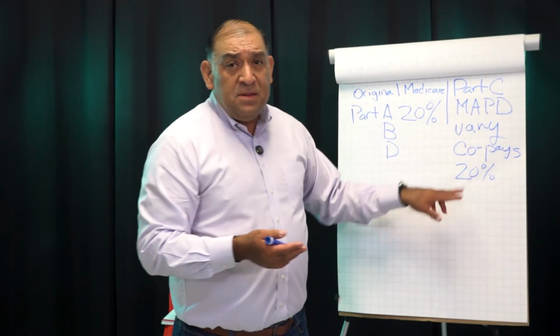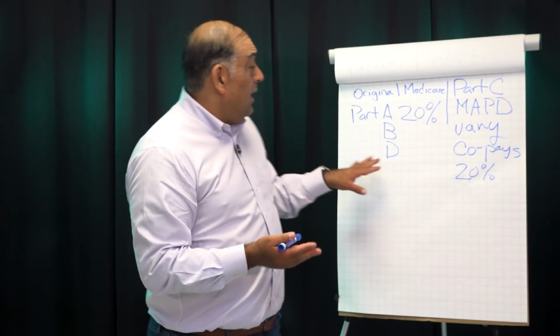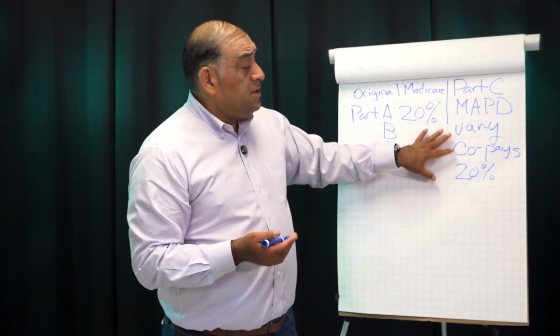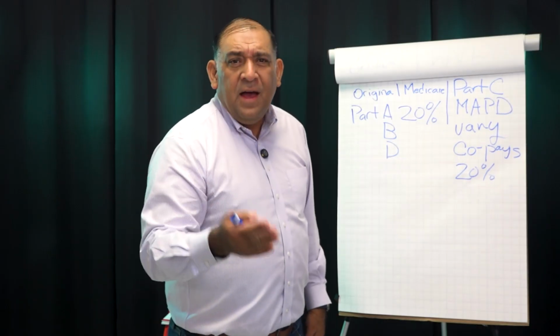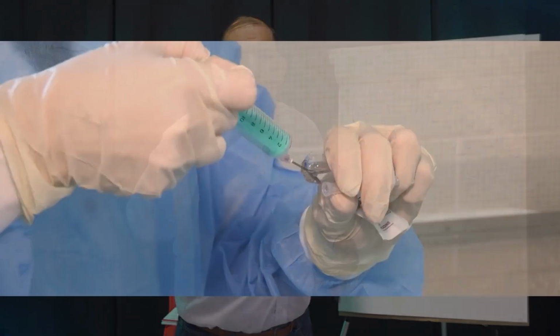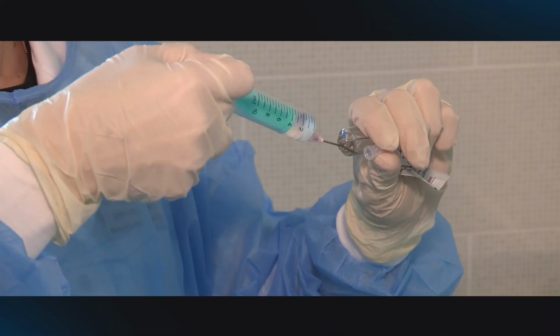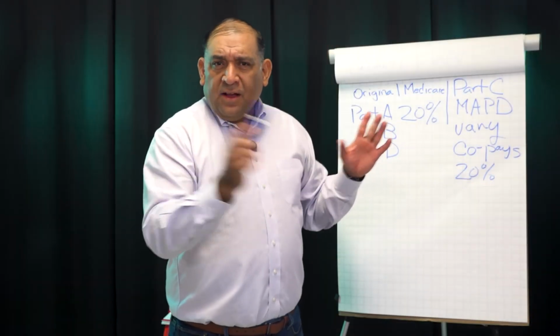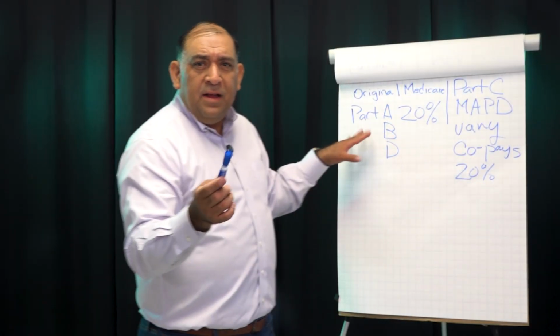Under Medicare Advantage, it may be the same 20%. But with Medicare Advantage, guess what? They're gonna charge you a copay, a flat fee. It's gonna be known what you're gonna have to pay for a doctor visit, an ER visit, an ambulance situation. So the costs do vary, but the bottom line is they're affordable.